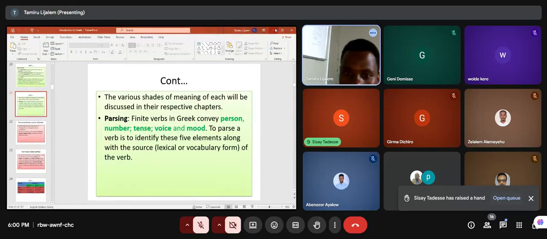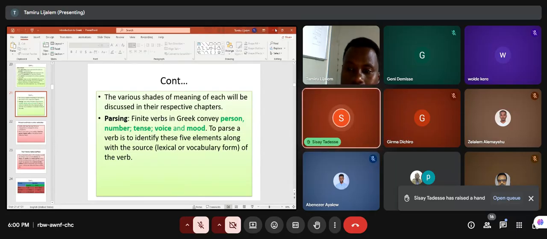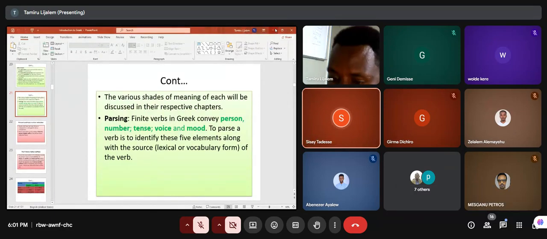Okay. The things that you have raised regarding the active, passive, and the middle are very nicely stated, but it would be good if you give us some examples where we apply them.